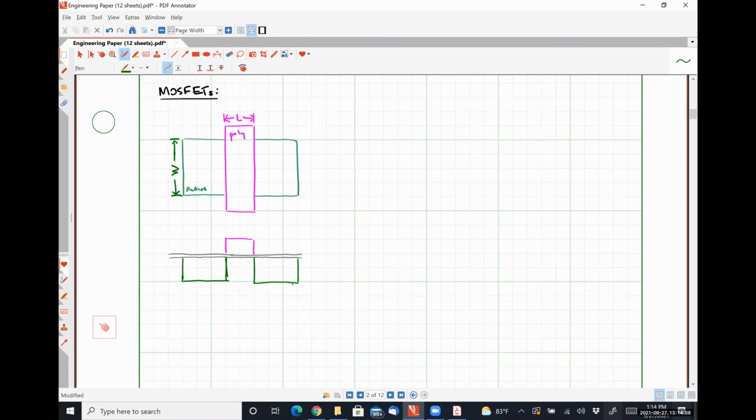There are going to be two things that are going to mess with this nice and easy picture. Lateral diffusion and oxide encroachment. Okay.